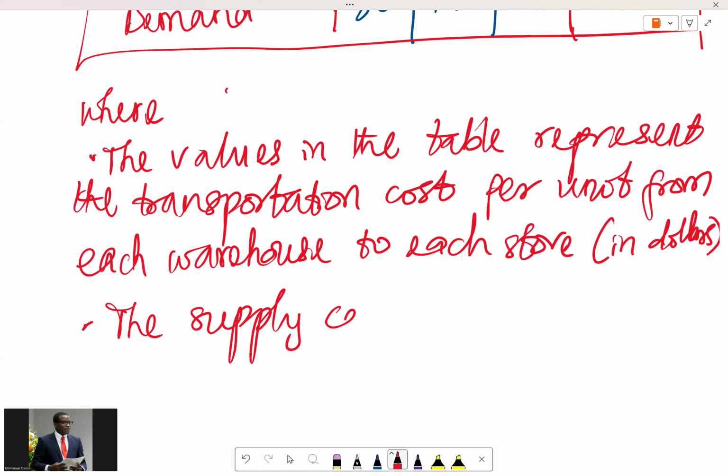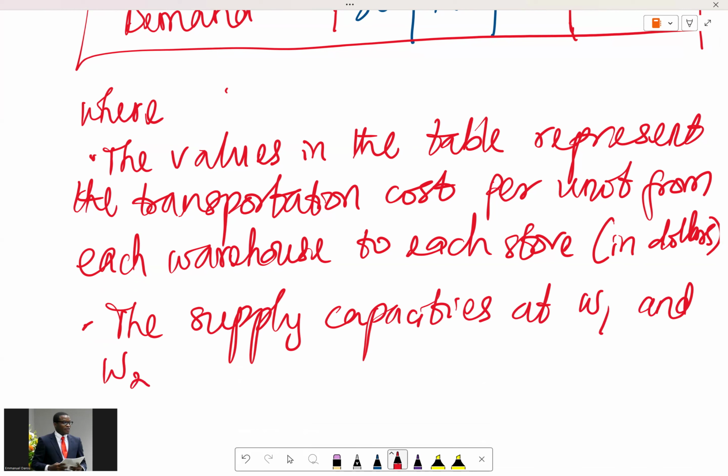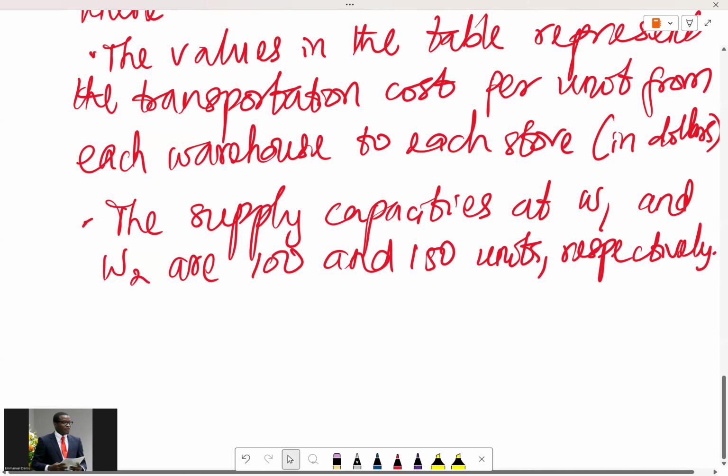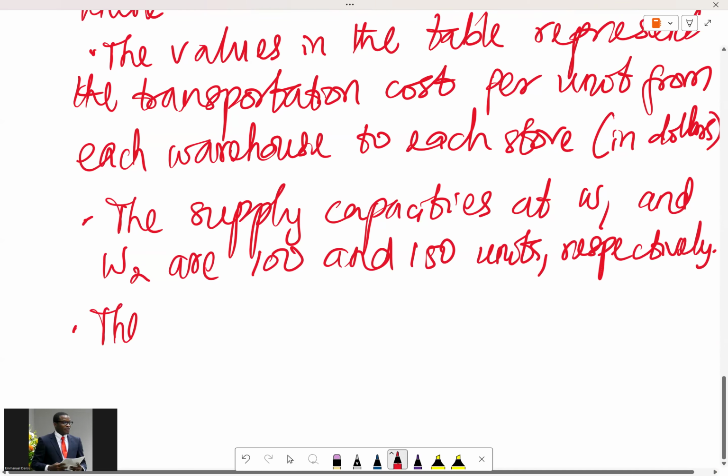The supply capacities at warehouse one and warehouse two are 100 and 150 units respectively, as we see in the table. Then lastly, we have the demand.